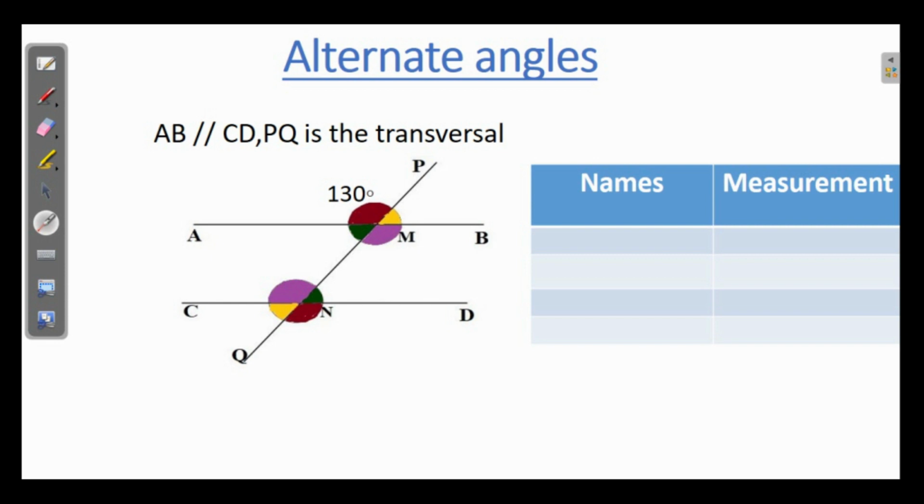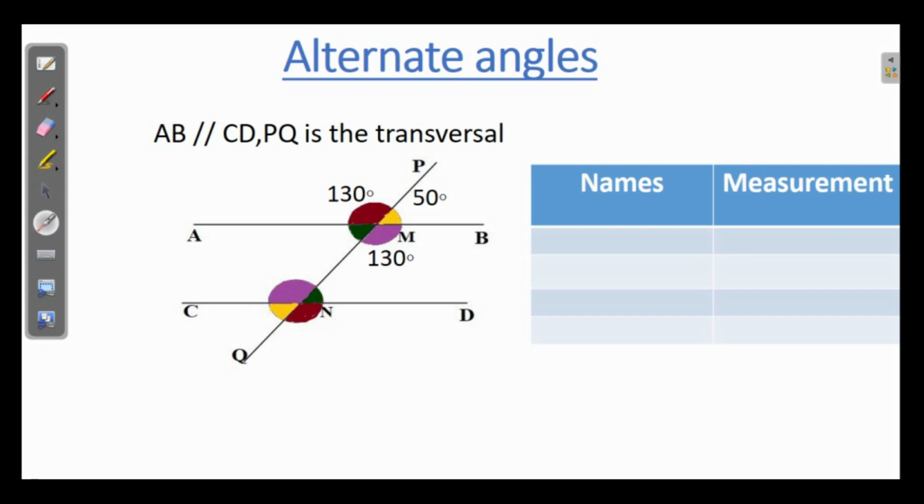Now this first angle, it is a linear pair. That means 180 minus 130 degree. So that angle is, yes, 50 degree. And this one is 130 degree.